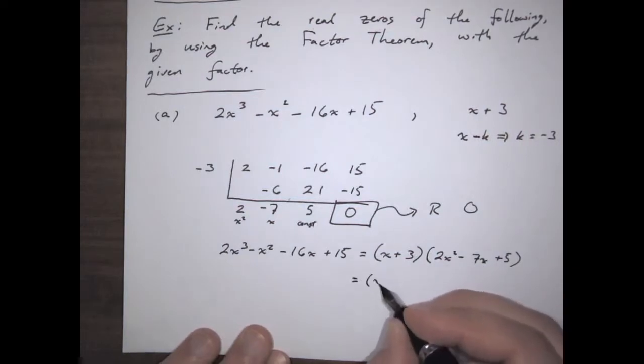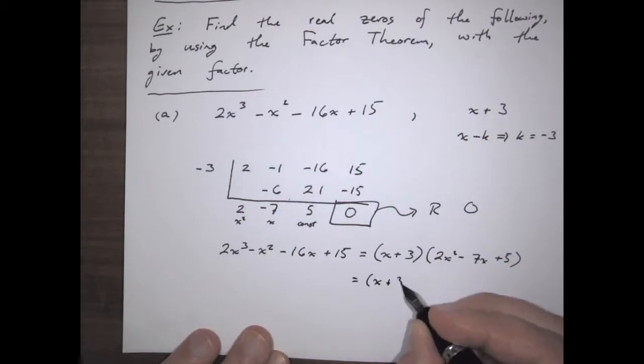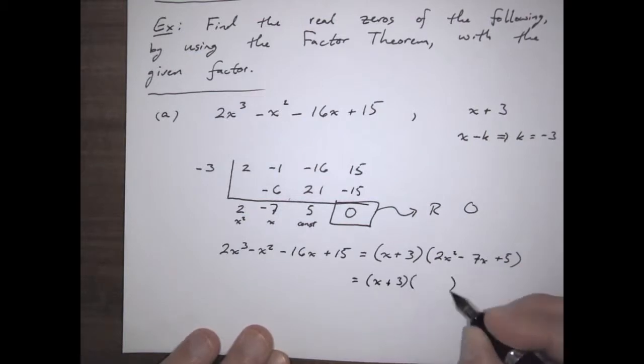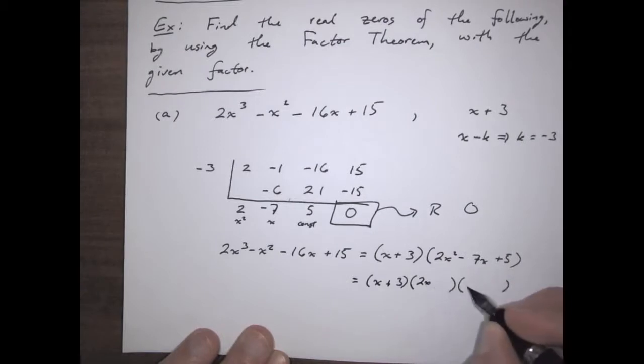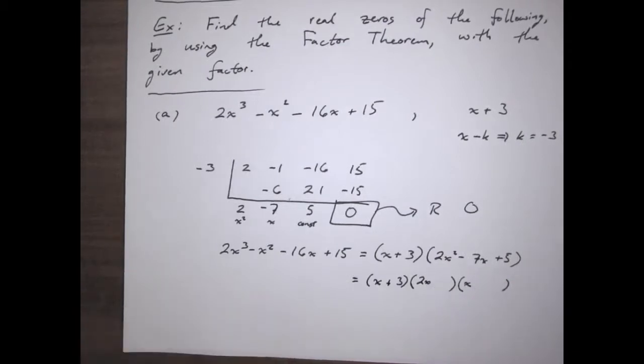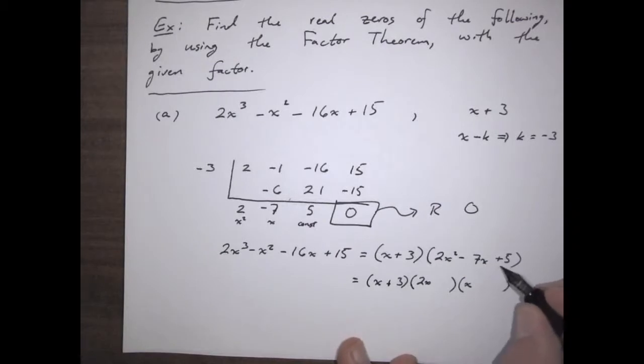We can use old, time-honored factoring techniques, such as just unfoiling it. So we don't actually need to use any more synthetic division or anything like that, although such things could be possible. We can just do classic stuff.